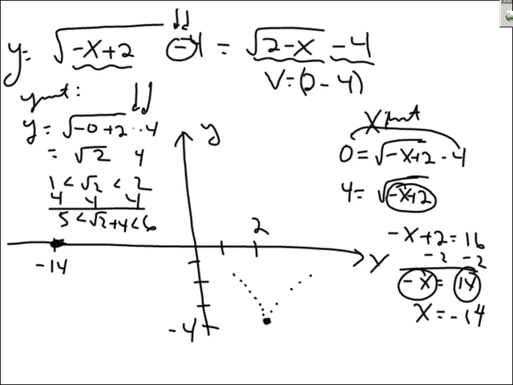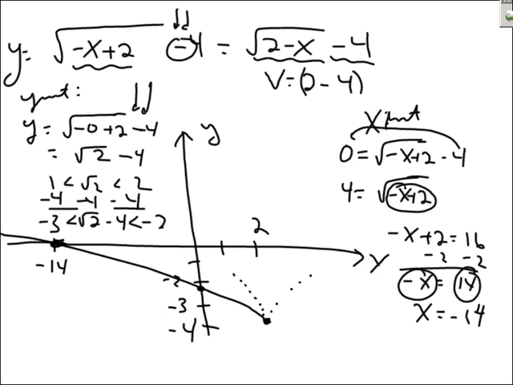Okay, good. So it's minus 4, minus 4. So now I take away 4, and I get a completely different answer, which hopefully will be better. The square root of 2 minus 4 is in between negative 3 and negative 2. Negative 3, negative 2, right here. So the graph looks like that. It's a negative square root graph.